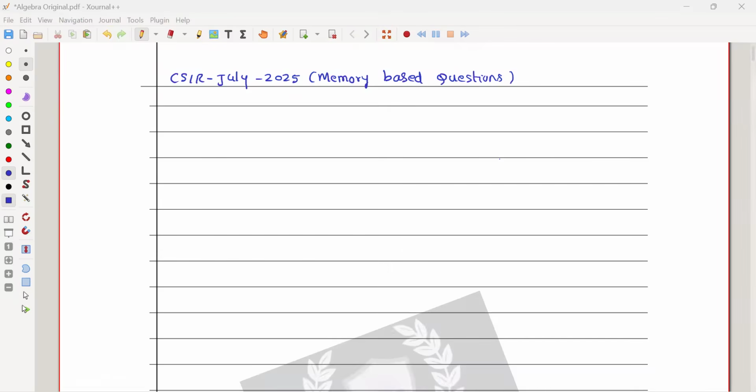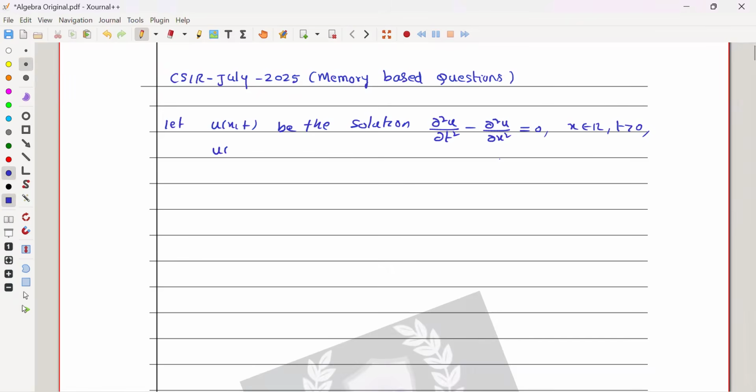Problem. Let u(x, t) be the solution of ∂²u/∂t² − ∂²u/∂x² = 0, where x belongs to R, t is positive, and u(x, 0) = 1 + x² for x belongs to R, and ∂u/∂t(x, 0) = x + 1 for every x belongs to R. Then the value of u(1, 1) is equal to dash.